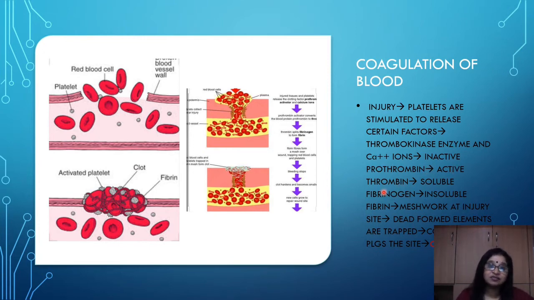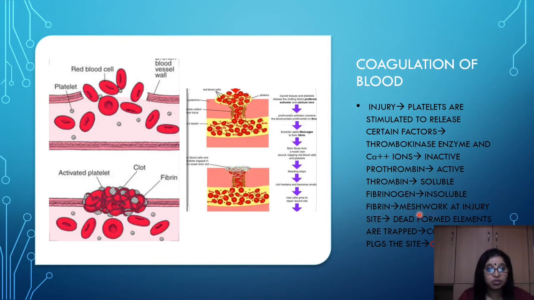Now this active thrombin, along with the presence of calcium ions, will act on the soluble fibrinogen. If you remember, I had spoken about fibrinogen being dissolved in the plasma, so it's in the soluble form. The thrombin will act on this fibrinogen and will convert it into insoluble fibrin. When we talk of fibrin, we have to understand that there will be fibers in this.